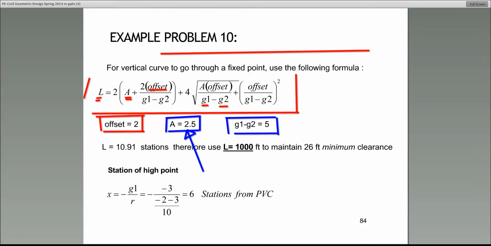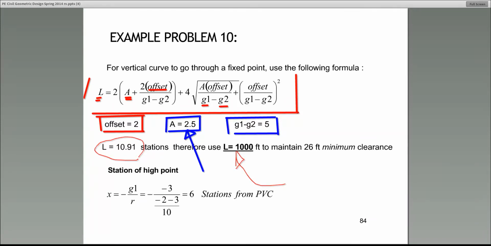When you solve that, you get 10.91. So the correct answer here will be 1,000 feet. All right, so 1,000 feet is the answer.